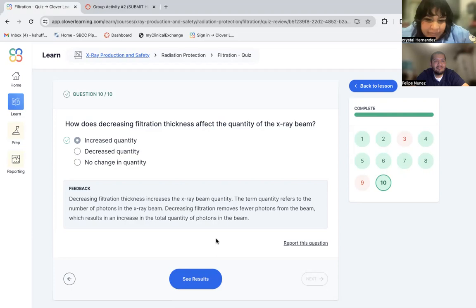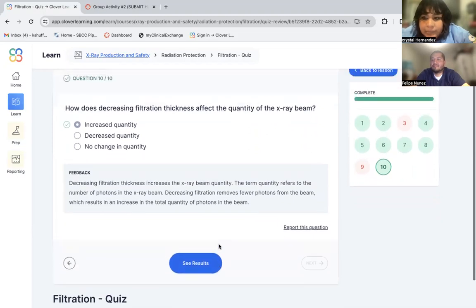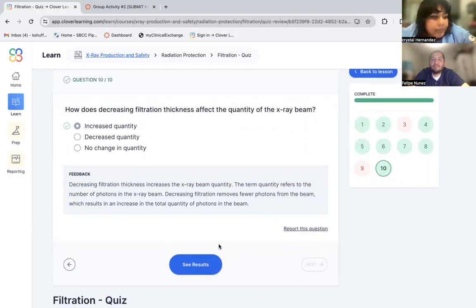Is there anything else anyone wanted to add for this quiz or anything on filtration they thought was interesting? No, I think this is nice because like Kimberly pointed out earlier, I thought about one explanation, but then she reminded me that it was an inverse proportion. So it's kind of nice to just talk it through.